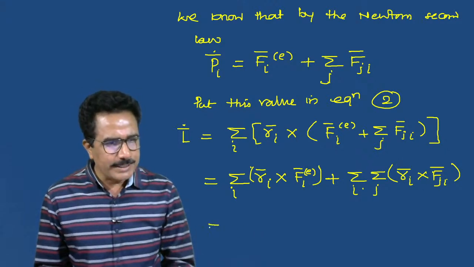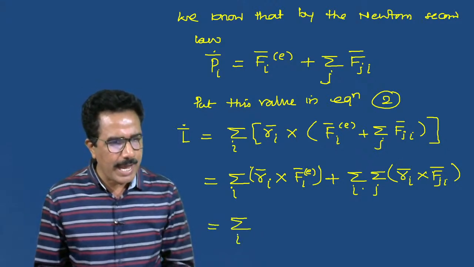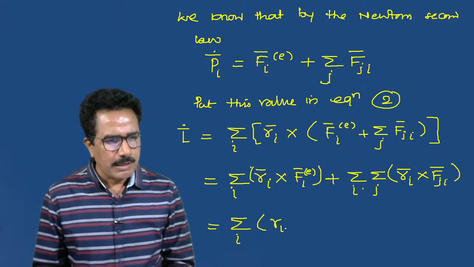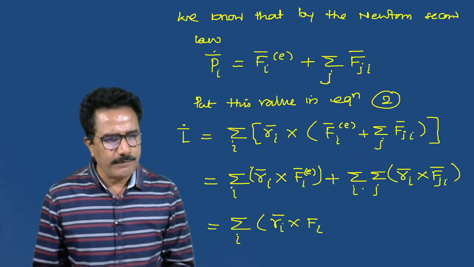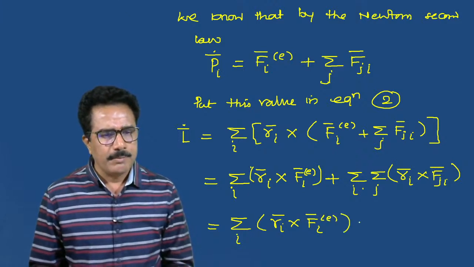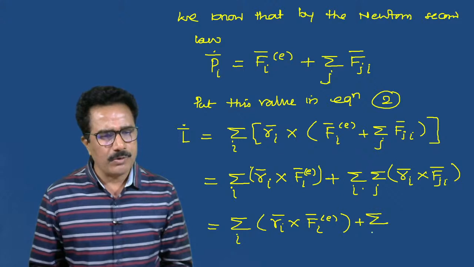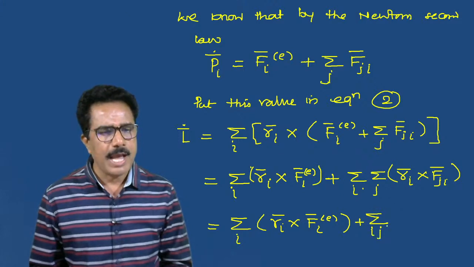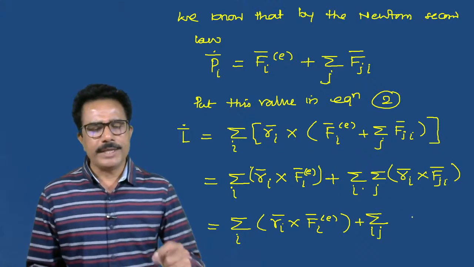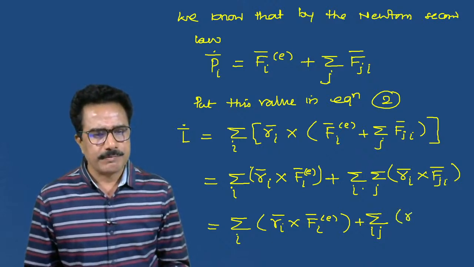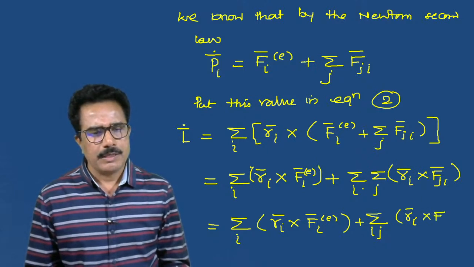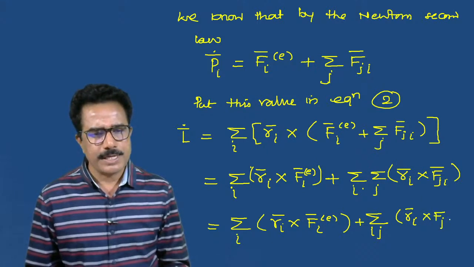So we can write this as summation over i r_i bar cross F_i external bar plus summation over i,j r_i cross F_ji.